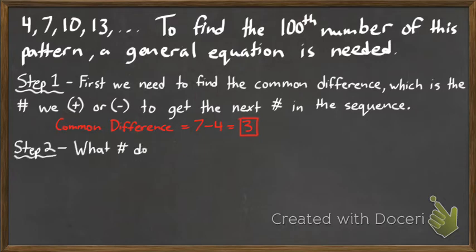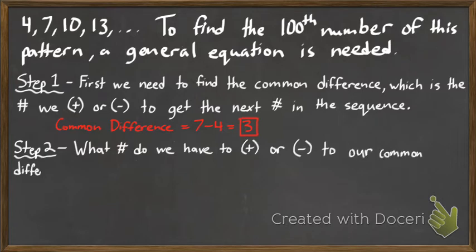Alright, step 2. What number do we have to add or subtract to our common difference to get our first number? Now, this might seem a little confusing at first, but this is going to be important a little bit later on. Okay, so if we start at 4, and if I have my common difference of 3, what am I adding or subtracting to this to get 4?